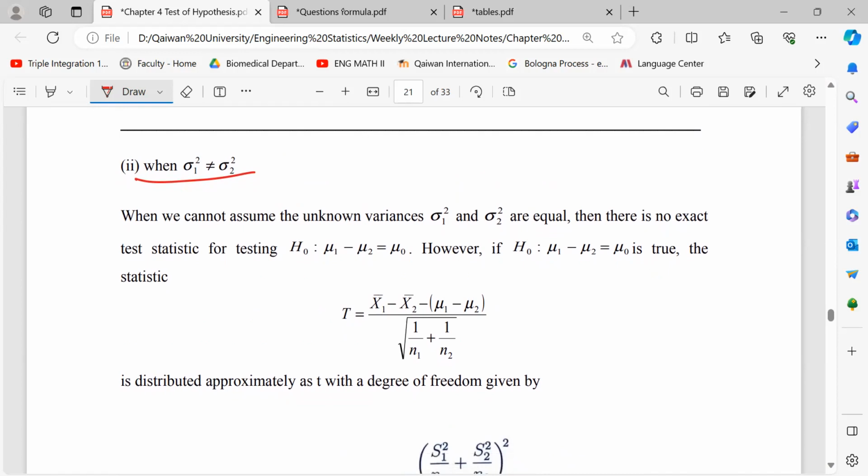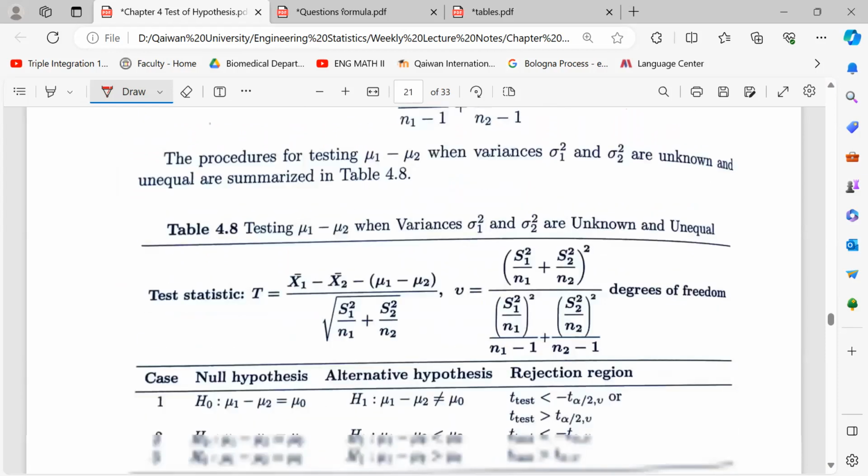In the previous case, we said the variances are unknown and they have the same values. But here, the variances are unknown and they have different values.